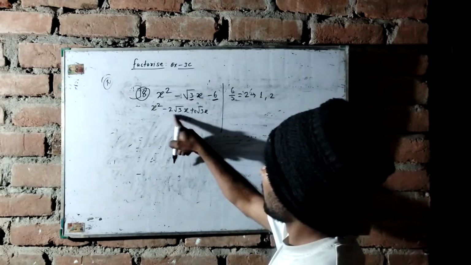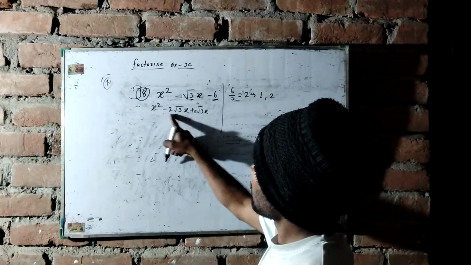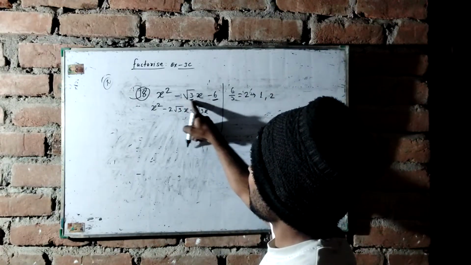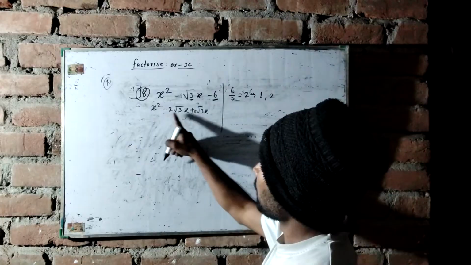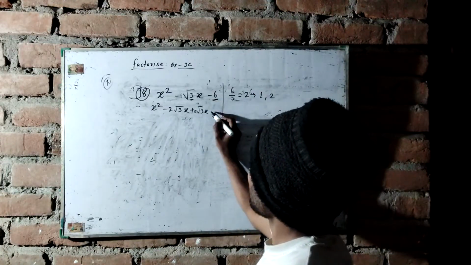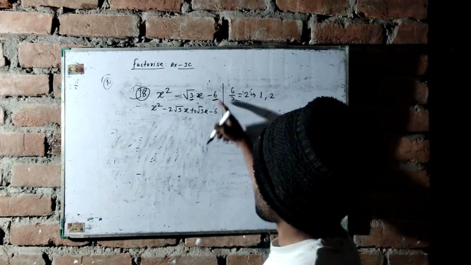Okay, so their sum will be minus root 3 x and their product will be minus 6. Okay, so minus 6 as it is.